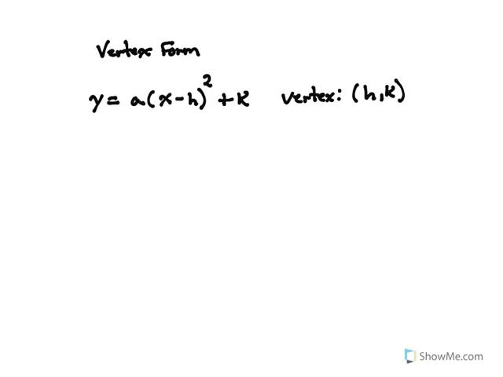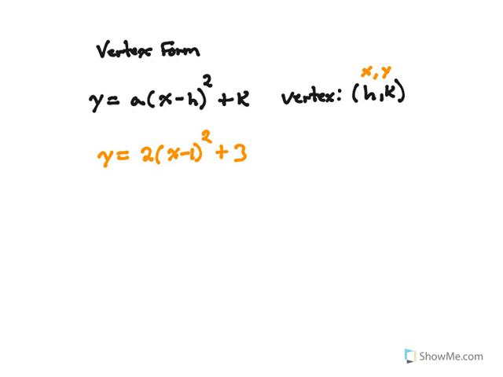When you think about it, that's analogous to saying x comma y. So the h value is really the x coordinate, and the k value is really the y coordinate. So let's look at an example of this.